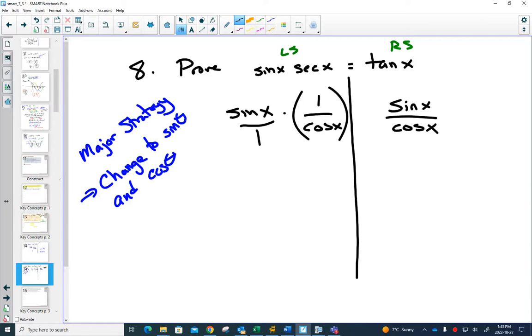How do you multiply fractions? Multiply the tops, multiply the bottoms. Can you see that if you multiply the tops and multiply the bottoms, you would get sine x over cos x, and our puzzle is done. So sometimes you don't see how you're going to make the sides equal until after you've done some strategies, changed a few things.